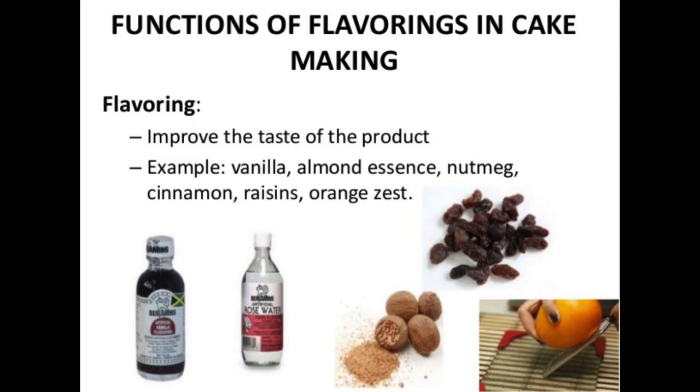Then flavor. It is good to use a small amount of good flavor in the cake. It depends upon the type of the cake also, which kind of flavor we should select. Type of flavor therefore varies with the cake. In general, we use three types of flavoring agents, for example, spices, extracts, and emulsions.